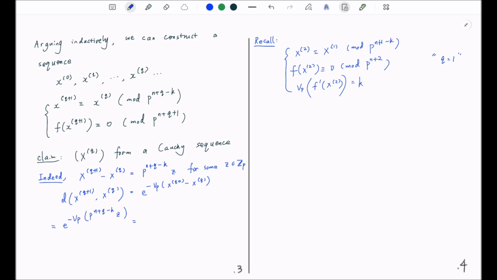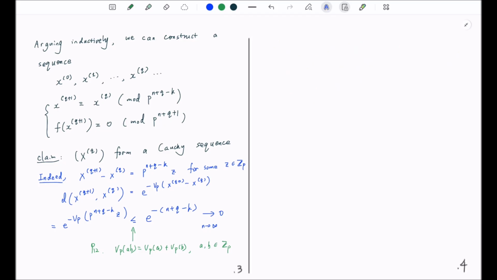And this is less than or equal to e to the power negative n plus q minus k, which decays to 0 as n goes to infinity. And this part follows from the product rule for the p-adic valuation. This is on page 12 of Sarah's book.